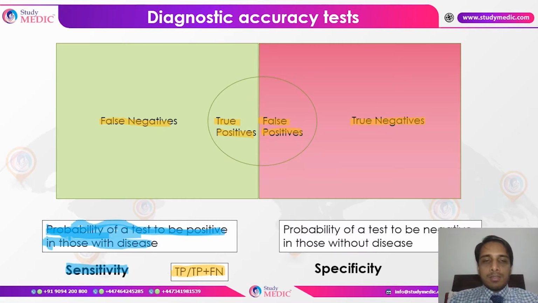Then what is specificity? Specificity is the probability of a test to be negative in those without disease. Then how do we calculate this? It is true negative divided by true negative plus false positives. So how many true negatives are there out of true negatives and false positives? That is called specificity.